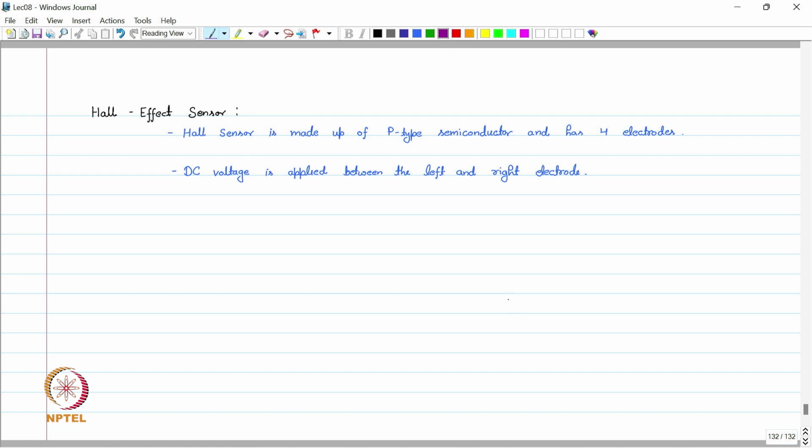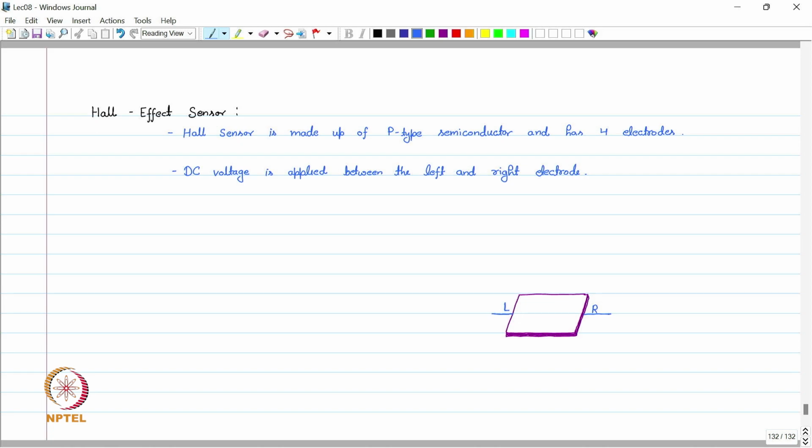So we have a semiconductor material, this is our semiconductor material where we have 4 terminals, 2 are left and right. This is left and this is right.